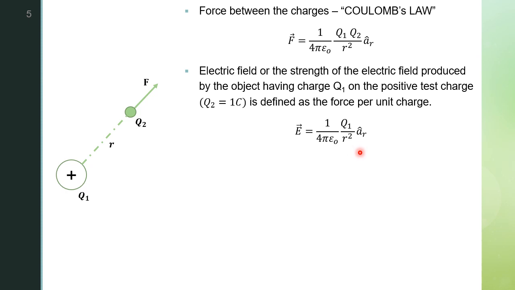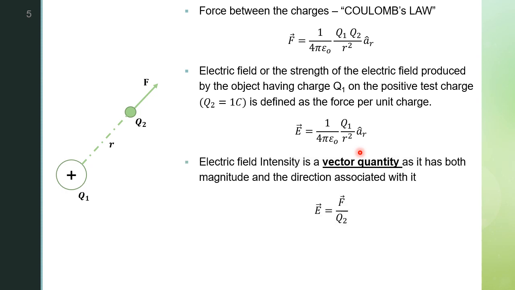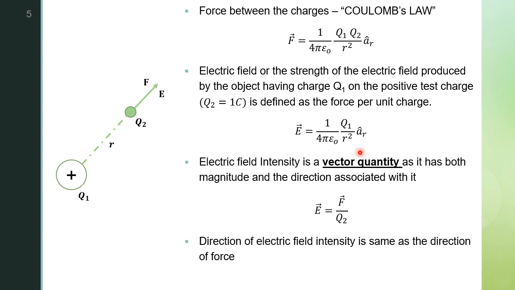The force experienced by a unit positive charge placed at a certain distance is called the electric field intensity. This electric field intensity is also a vector quantity, in the same direction as the force. From this expression, we can also write E as F by Q2. If you divide the force by Q2, we get the same expression for electric field intensity.